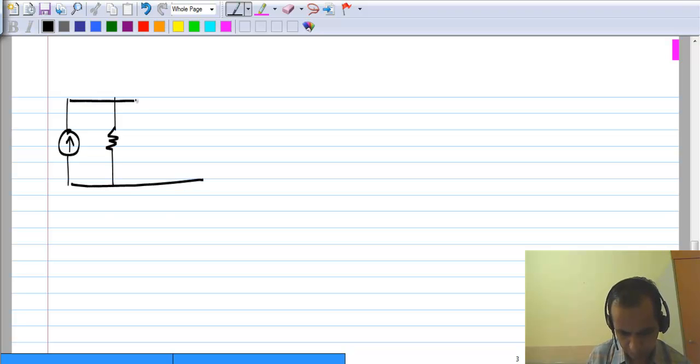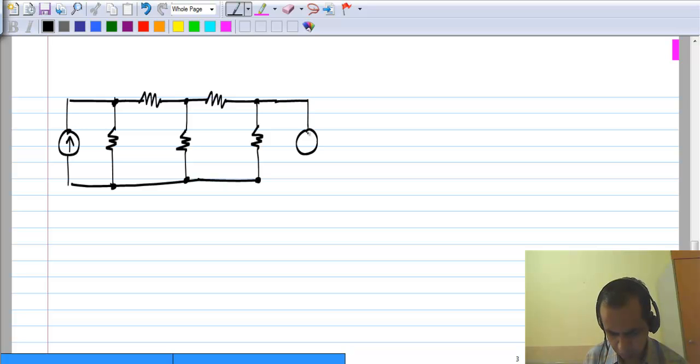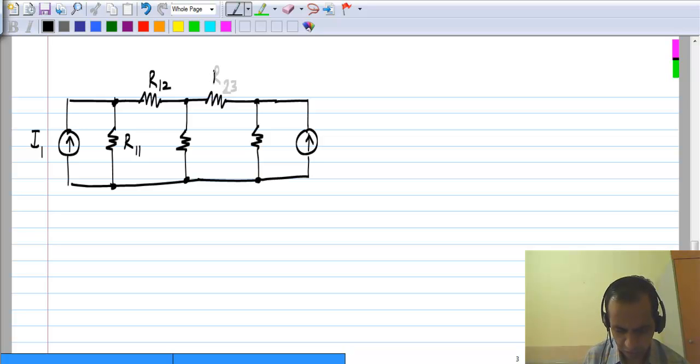I'll take the same circuit I've been using so far. This is I1, R11, R12, R23, R22, R33.